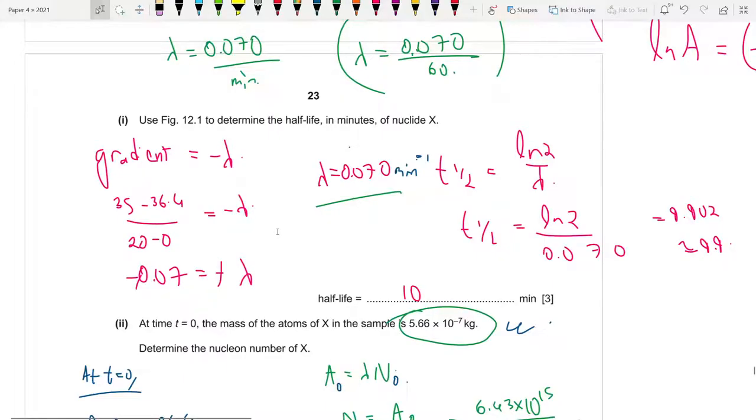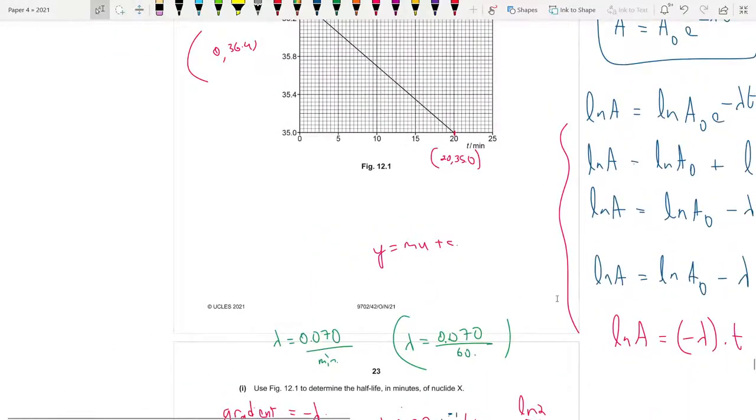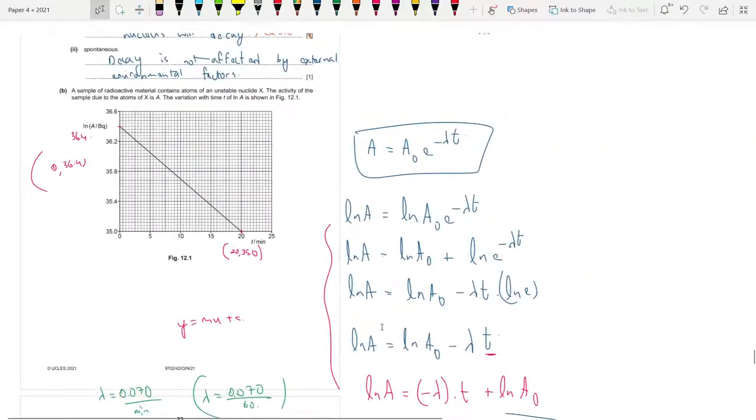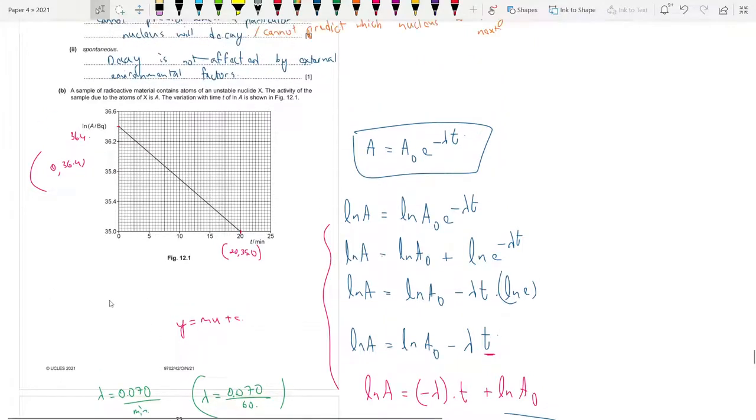Anyway, there was another way. It's much more complicated. You could find out the intercept from ln A naught. So ln A naught is equal to 36.4.